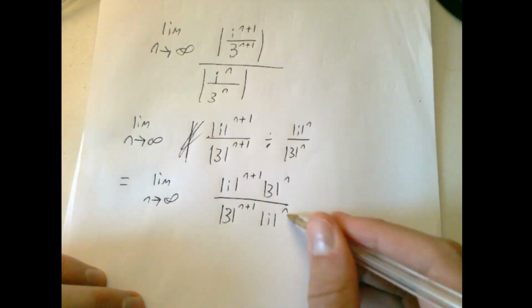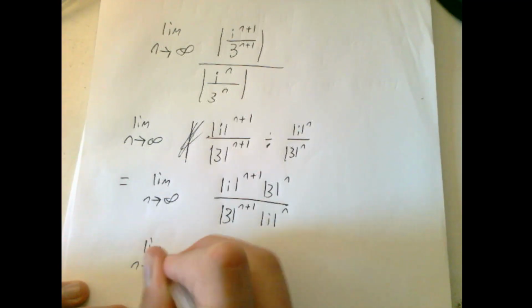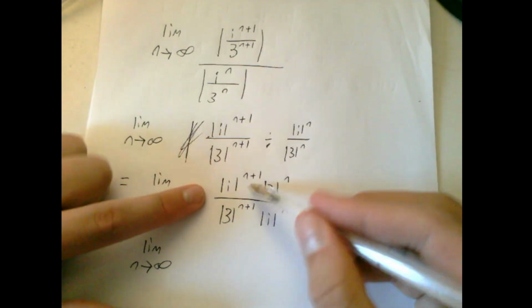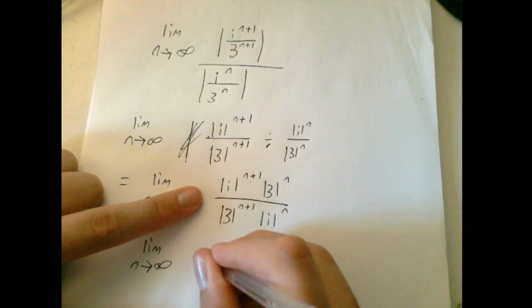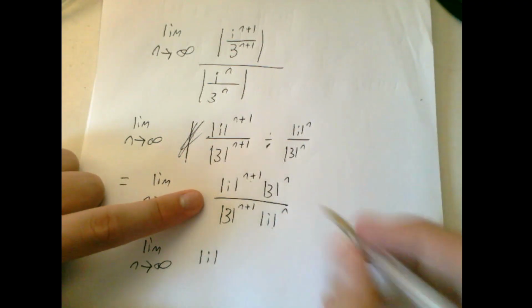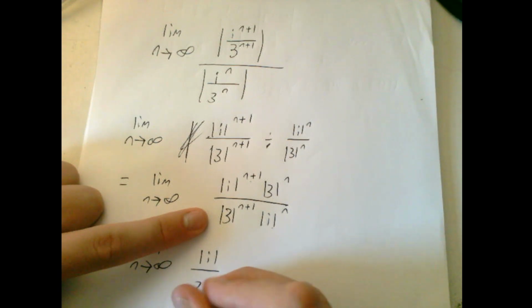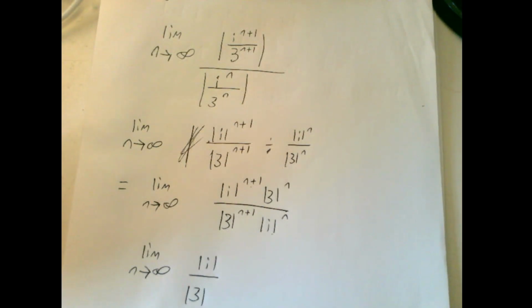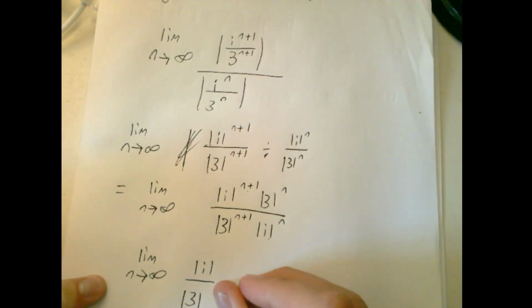So this is the limit as n goes to infinity. i to the power of n plus 1 divided by i to the n is just going to be i. And then 3 to the power of n over 3 to the power of n plus 1 is just going to leave 3 down here. So now the n is gone, essentially, and we can evaluate the limit.